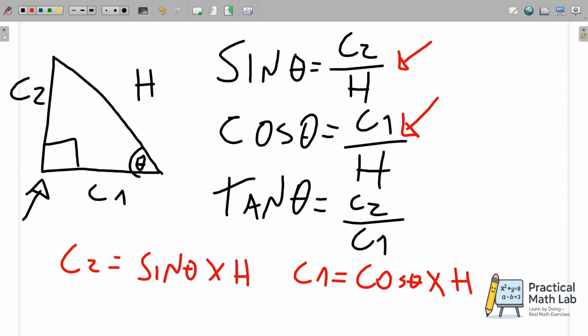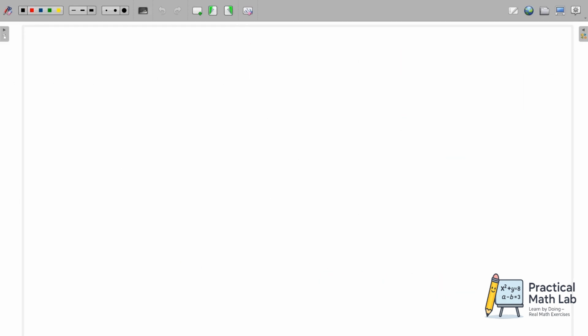Because here it's dividing, so when it goes to the other side, it multiplies. That's the reason.